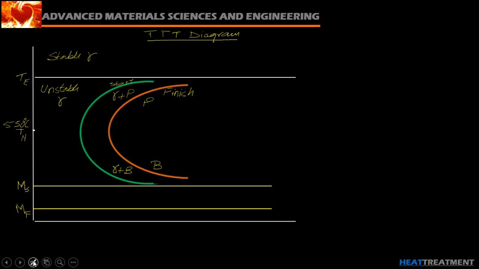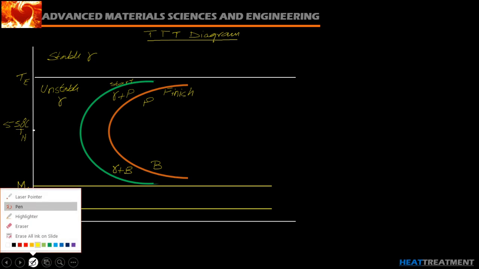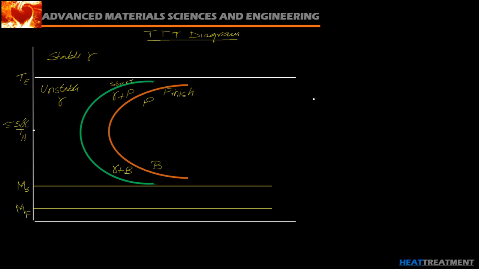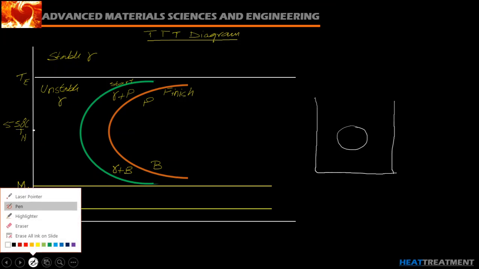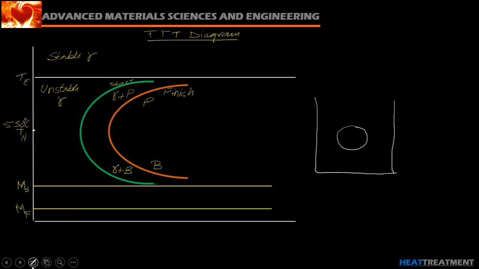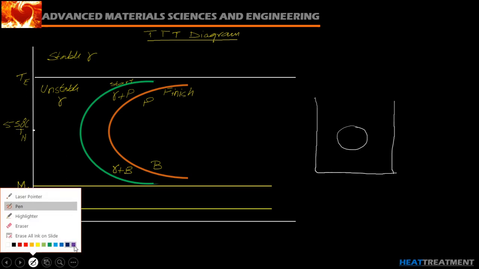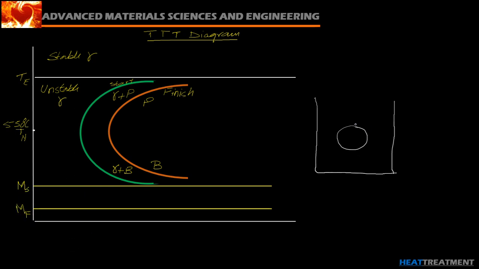And let's see if we have a transformation for a large size component, the transformation into martensite, and we know this transformation is a result of quenching. Now what is happening once we consider a large size object?